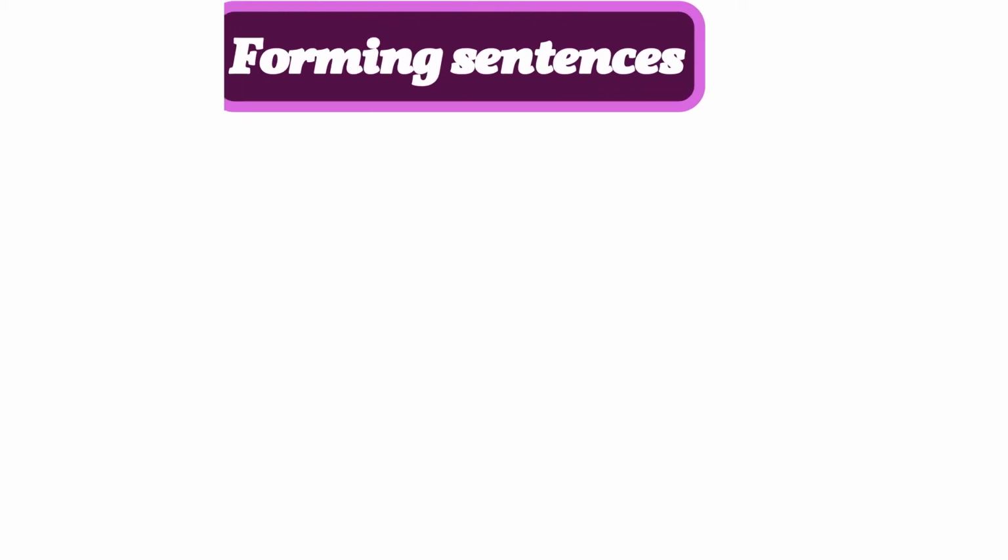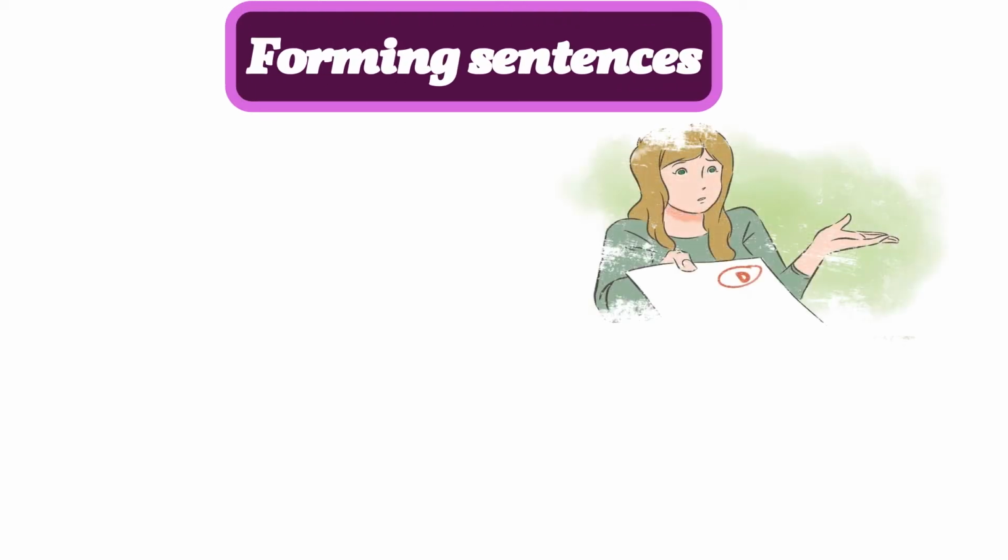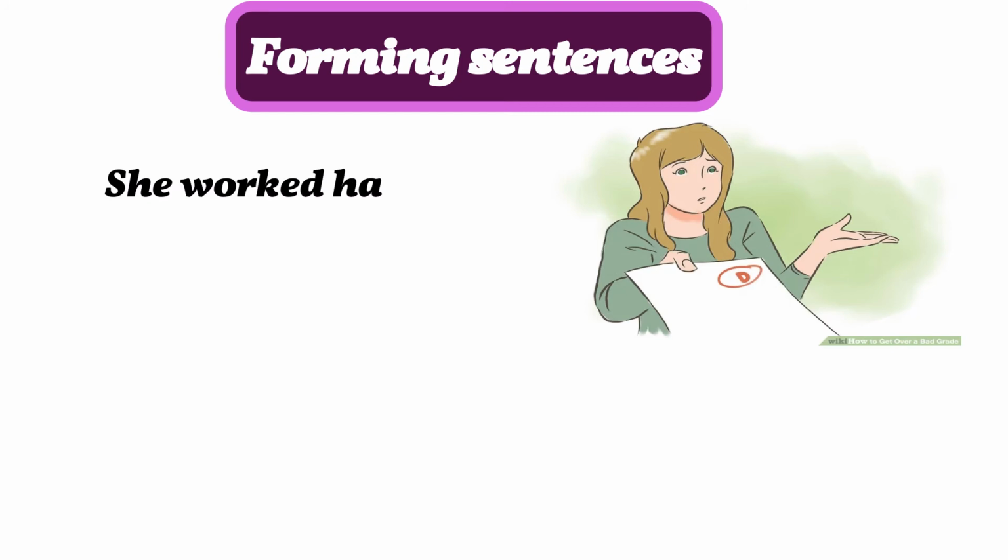2. Forming sentences. Look at this situation. She worked hard. She got a low grade. Normally when you work hard, you get high grades, but sometimes accidents happen. Look how we join this using a discourse marker of concession.